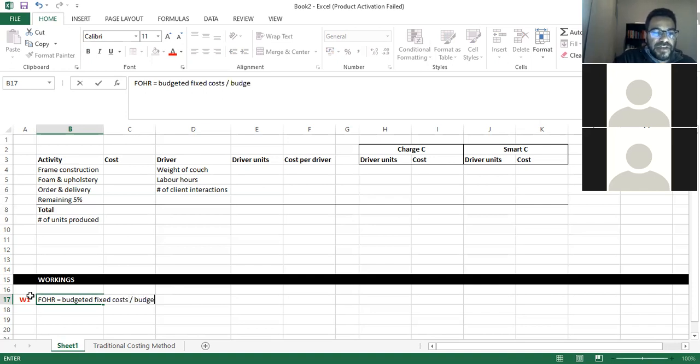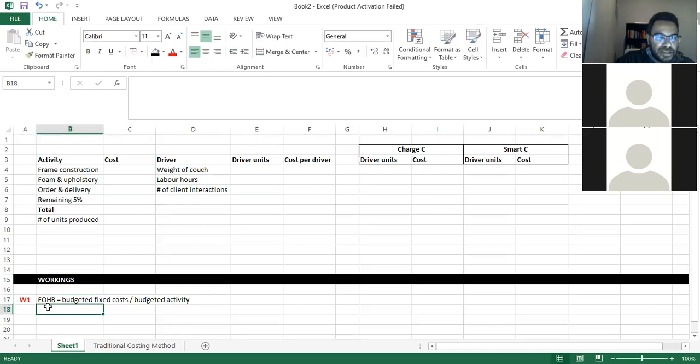Remember, these budgeted fixed costs and budgeted activity are on a total level. Now, if I rearrange this formula, you will understand that fixed costs is equal to fixed overhead rate multiplied by budgeted activity. So just take note of that.